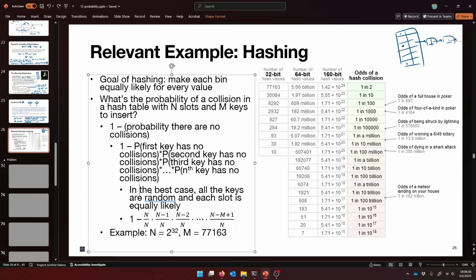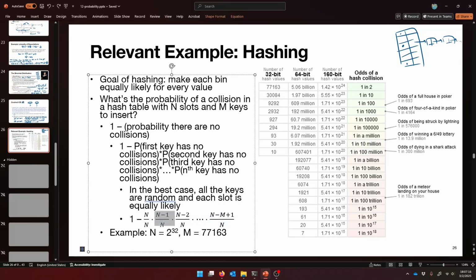And so yeah, in the best case, all your keys are perfectly random, every slot is equally likely, and you had a perfectly good hash function that was as good as it could be, taking you on average to anywhere you could want to go. So this would end up being: what's the probability that the first key didn't collide? 100%. You've got plenty of room for that.